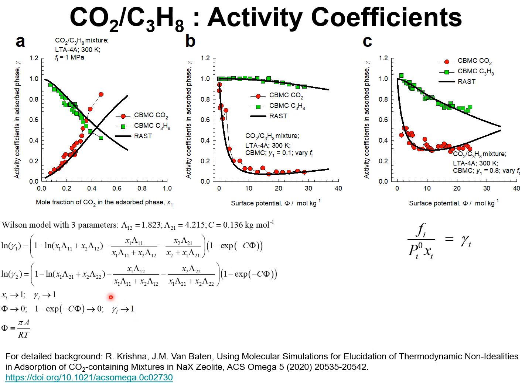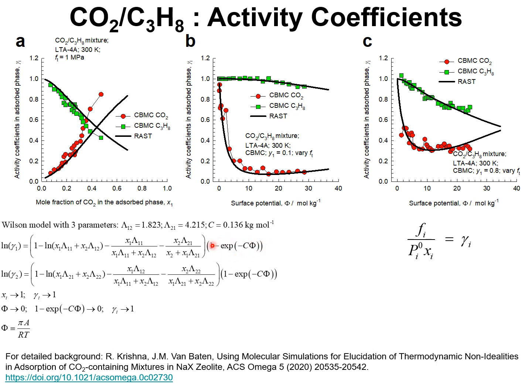So if we adopt a Wilson model for quantification of the activities of components 1 and 2, then we should introduce a correction factor 1 minus exponential minus a constant c times phi, and this is a representation of the pore occupancy.